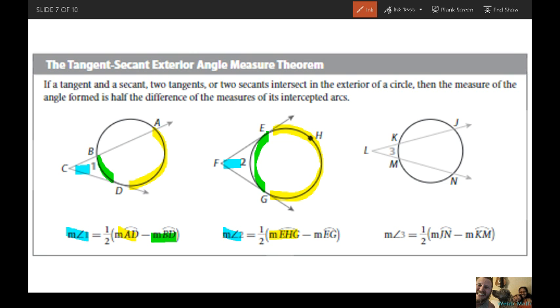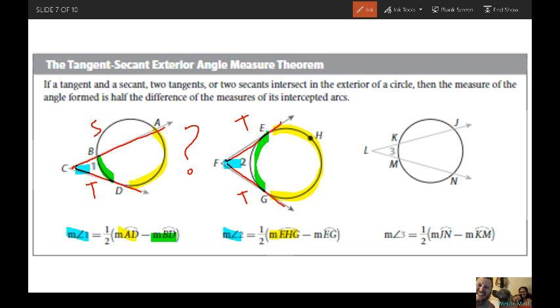Even though, what I'm talking about right here, guys, is you have a secant and a tangent, and then all of a sudden you have a tangent and a tangent. So again, are they the same?